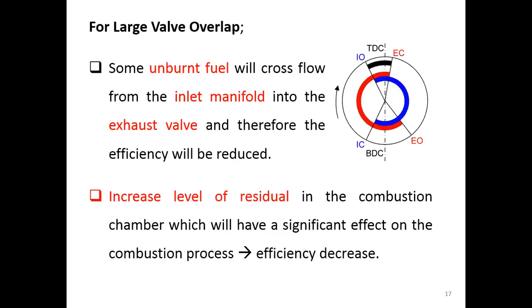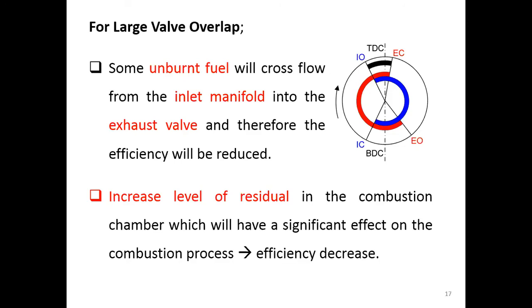How about for large valve overlap? If you have a large valve overlap here, you will have some unburned fuel that will cross flow from the inlet manifold into the exhaust valve, because your intake valve opens while the exhaust valve is also open.